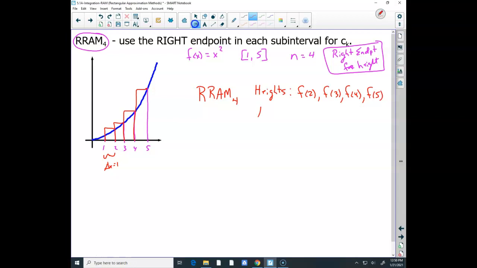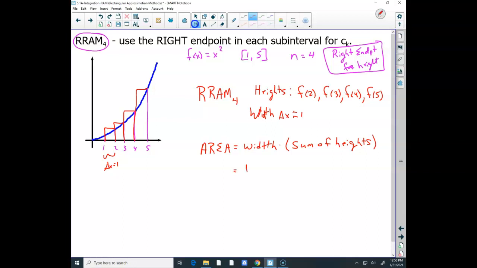And I know my widths, or my delta x equals 1. So if I do this, the area, the Riemann sum, equals the width times the sum of heights. And that's our shortcut for it.